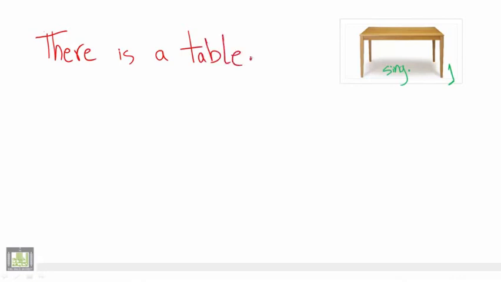So we used there. There, by the way, is used with all nouns, whether singular or plural. There تستخدم مع كل الأسماء سواء كانت مفردة أم جمع.